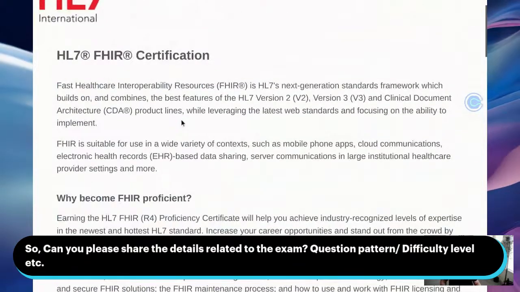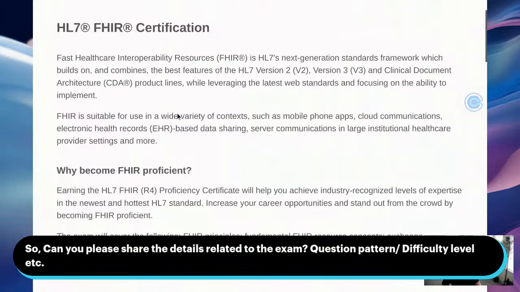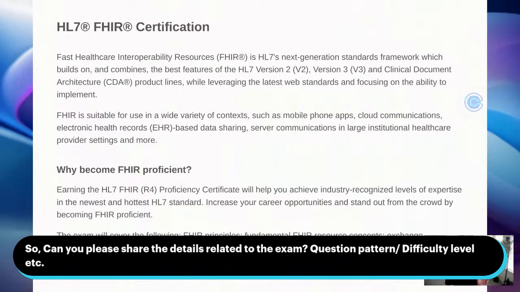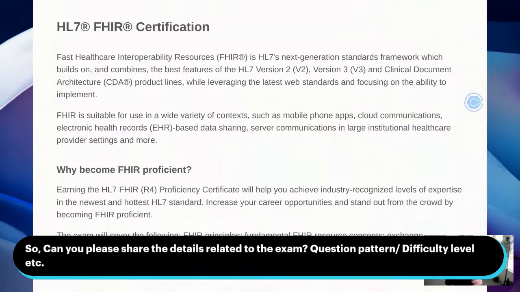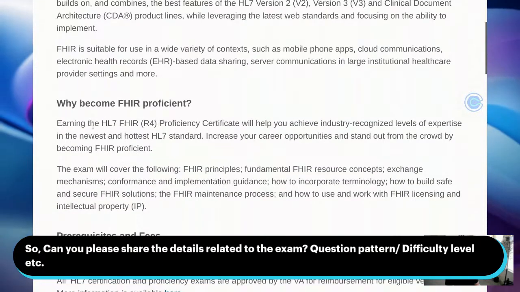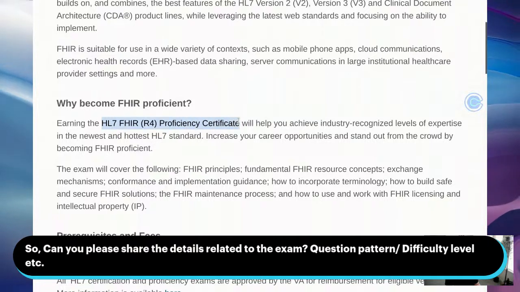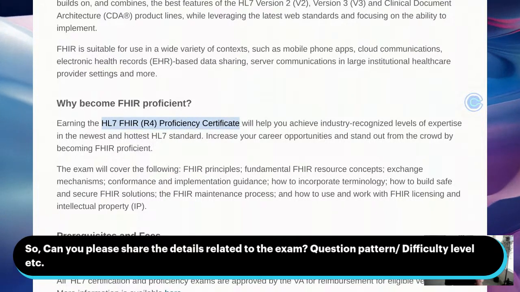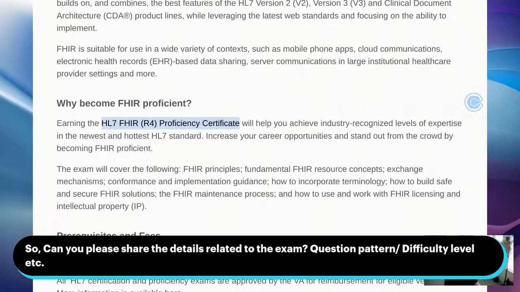Okay, so I'll make a couple of comments first before directly answering your question. As a reminder, HL7 has a new exam that will replace this one. When I say this one, I mean the HL7 R4 Proficiency Certificate. This is going to be retired December 2024.